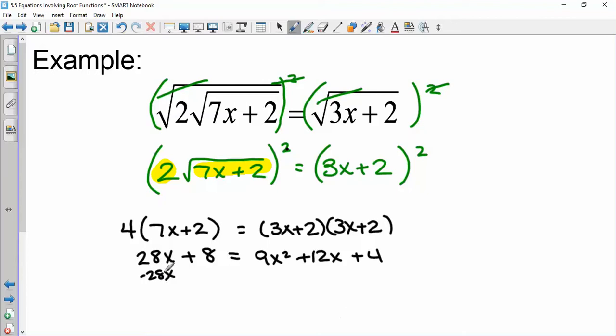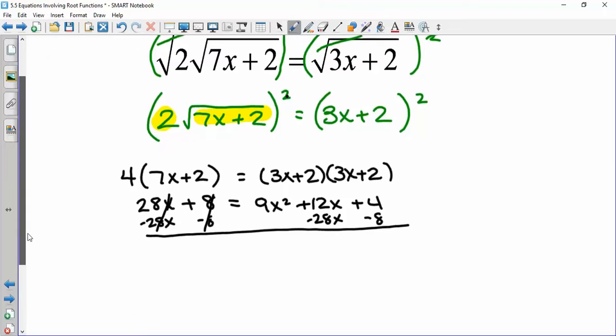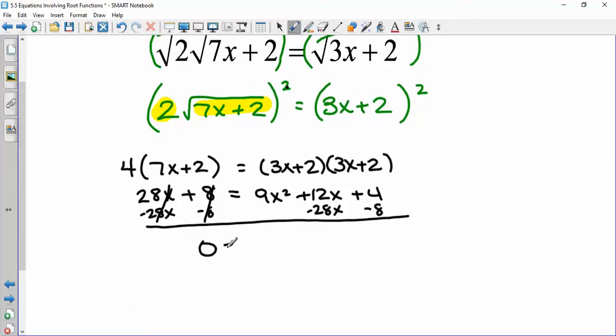So I'm going to set this equal to 0. So I'll subtract over that 28x and the 8. 12x minus 28x is negative 16x, positive 4 minus 8 is negative 4. What now?